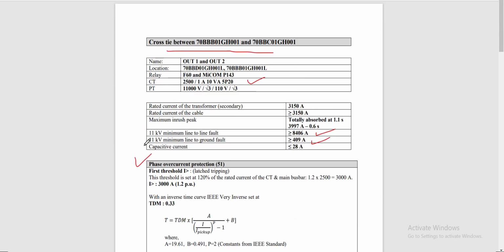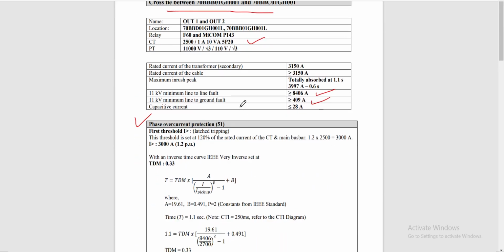So let's first discuss our relay 51 setting. We have only one threshold, and we call it the first threshold. This threshold is set at 120% of the rated CT rating, which is around 2500 amperes.